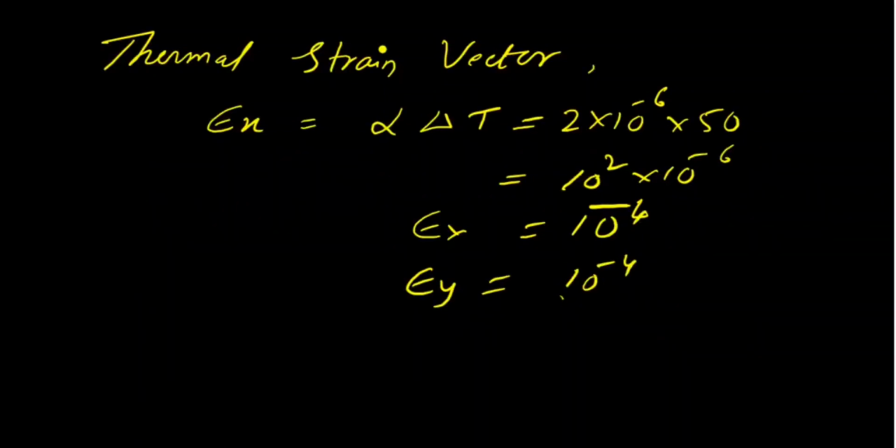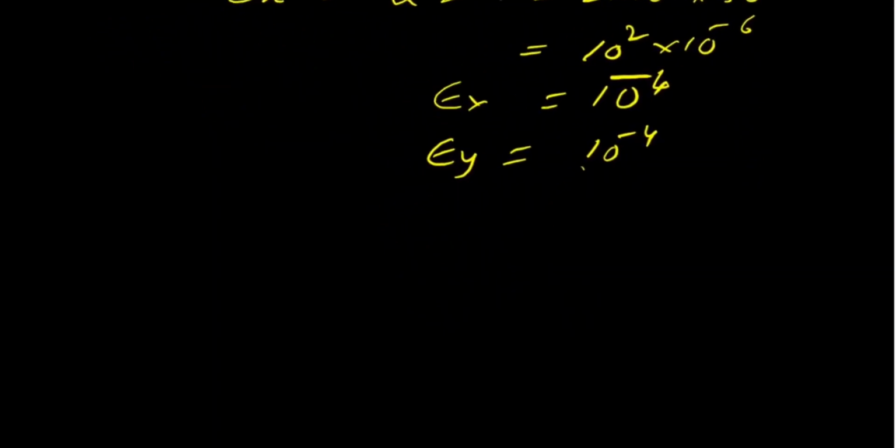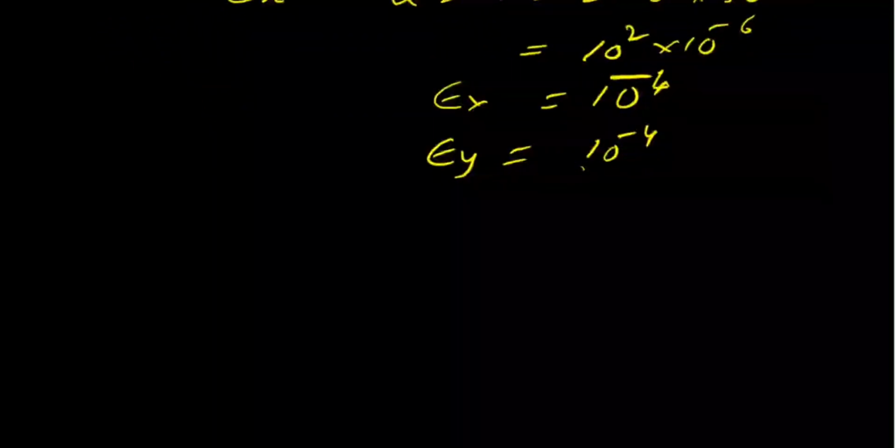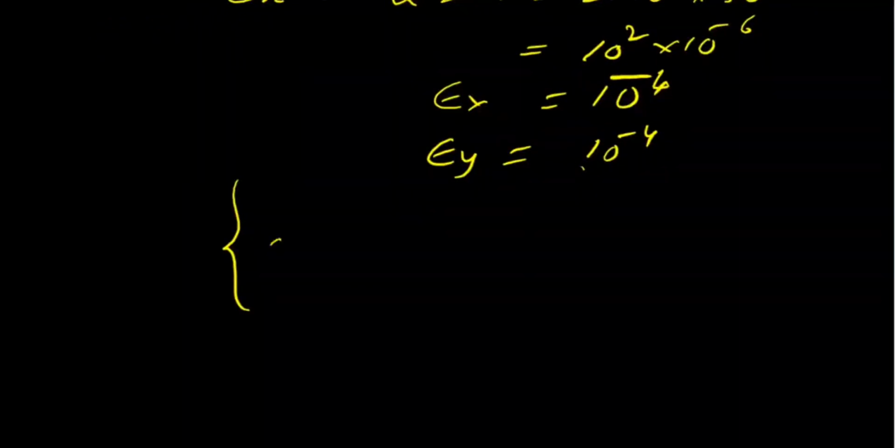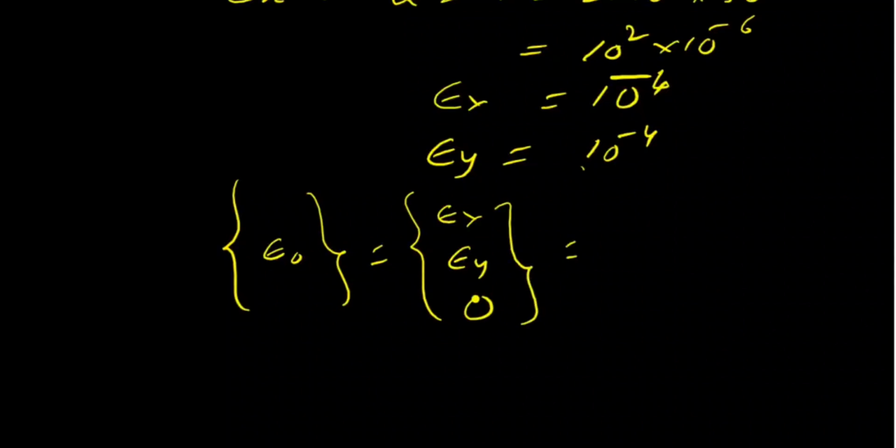Now we make epsilon naught, which is equal to epsilon x, epsilon y, 0. If you take 10 power of minus 4 outside, then in the bracket there will be 1, 1, 0. This is the load vector.